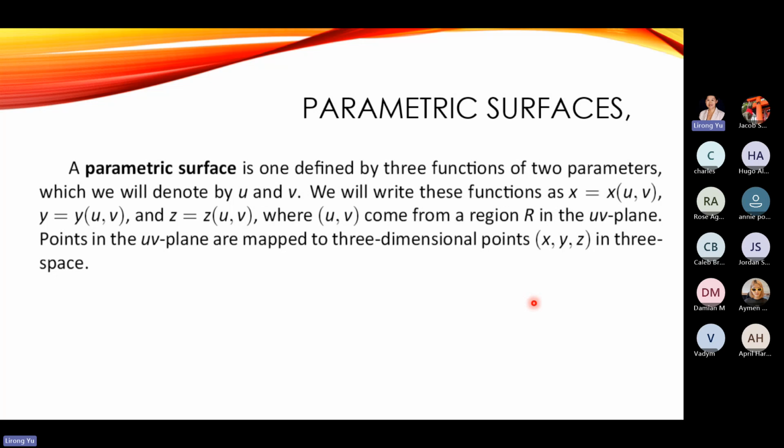In any case, all we have to remember is that to represent a surface using a parametric equation, we need two input values. So a parametric surface has two input values but three output values. The output would be x, y, z. The input would be u and v.